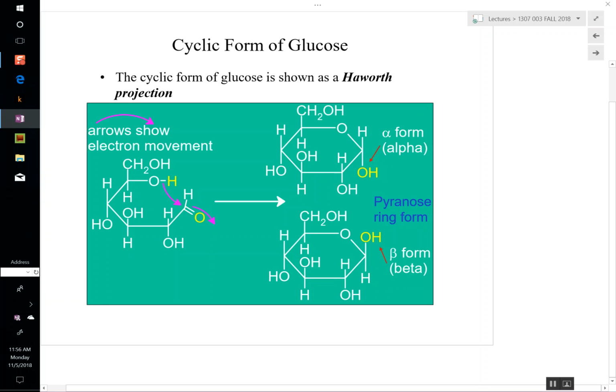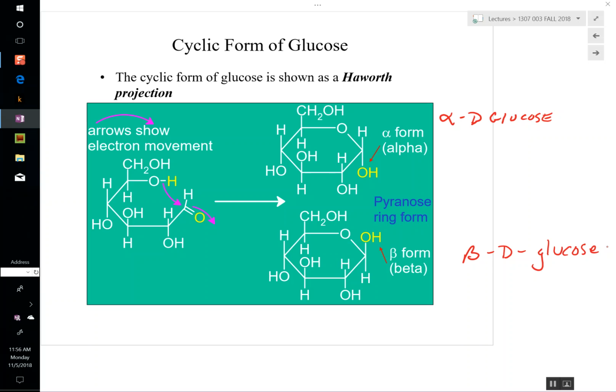Now, when this thing cyclizes, some of you probably have alpha D-glucose. This up here is alpha D-glucose, and this is beta D-glucose. So when you start seeing the alpha and beta prefix on these things, you're talking about a cyclized form of the monosaccharide.